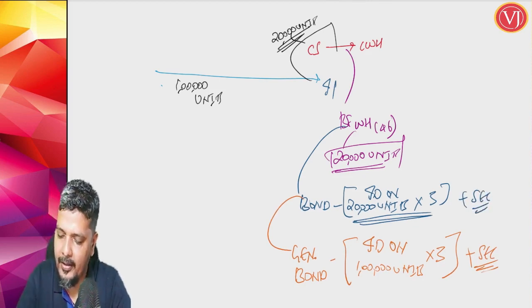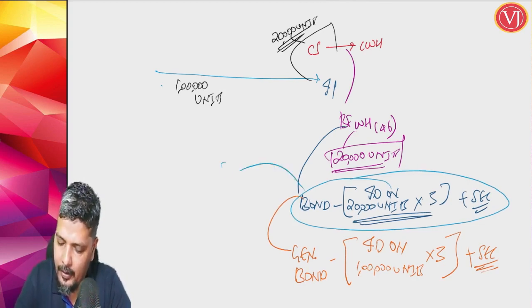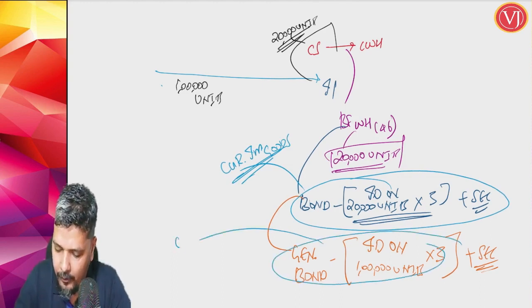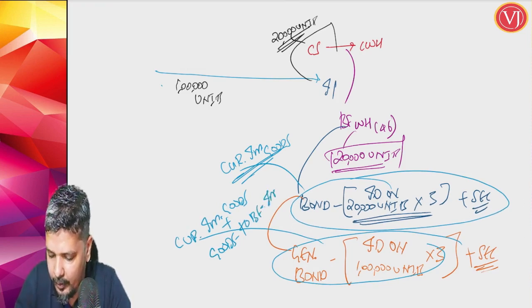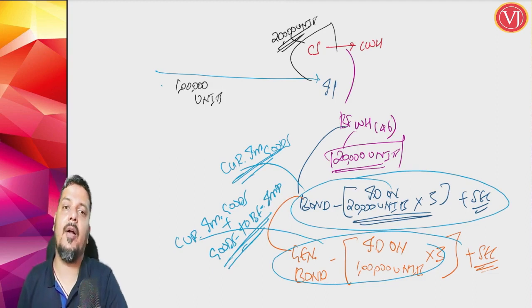So rather than giving a bond only for currently imported goods, now you are giving a bond for currently imported goods plus goods which are to be imported. This is called a general bond. What is the advantage of that?